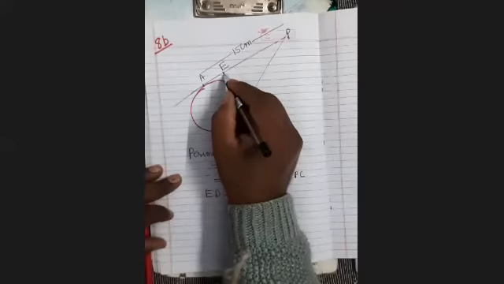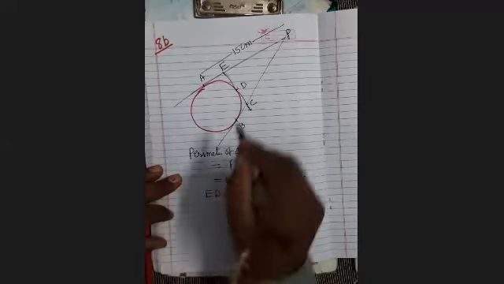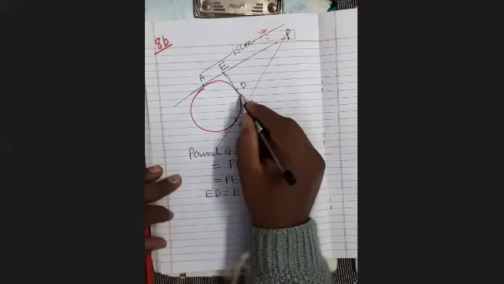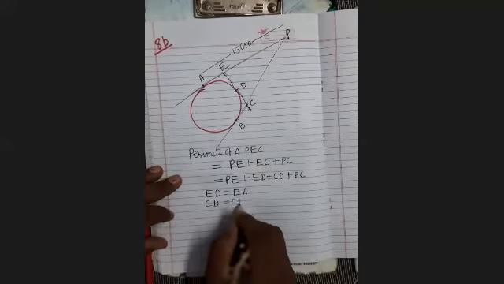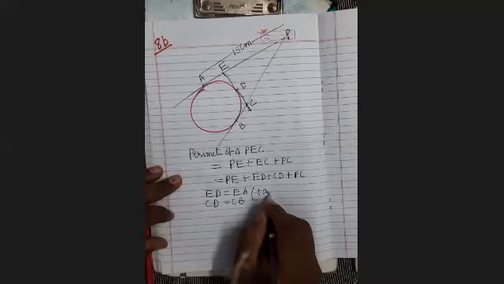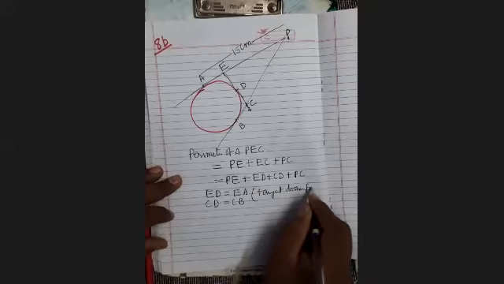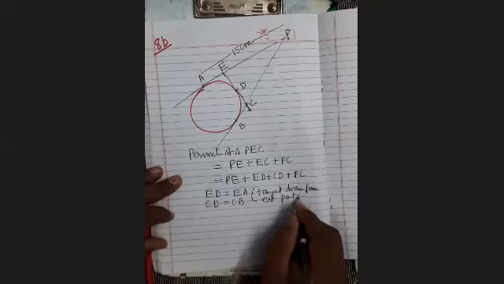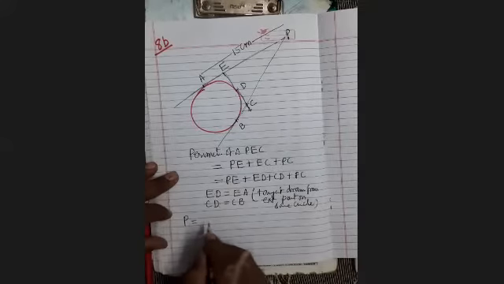Why? Because tangents drawn from an external point E to the same circle are equal. Similarly, CD will be equal to CB, tangents drawn from an external point to the same circle. Therefore, the perimeter will be equal to what?